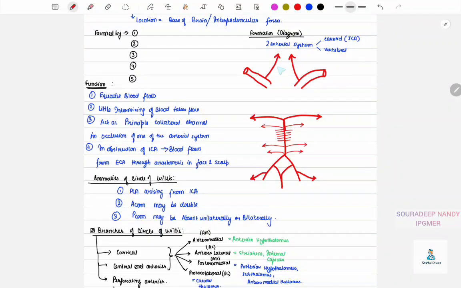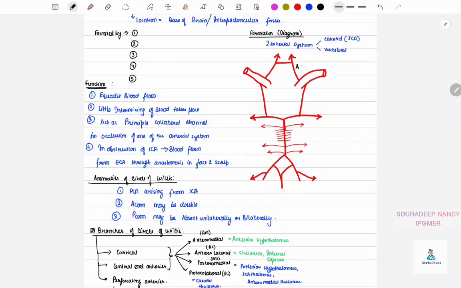The two anterior cerebral arteries are joined together by the anterior communicating artery. The internal carotid artery again gives another branch to join the posterior cerebral artery of the respective side, which is also known as the posterior communicating artery. And the internal carotid artery terminates by giving the anterior cerebral artery, and itself continues as the middle cerebral artery. So let us write the names.